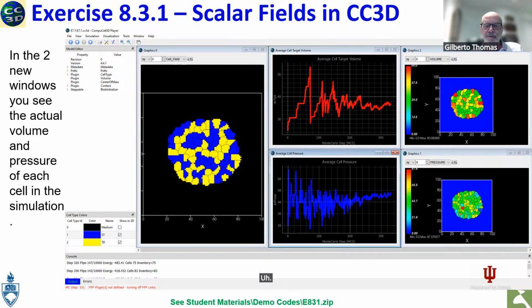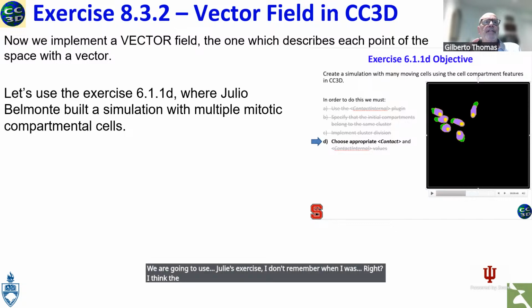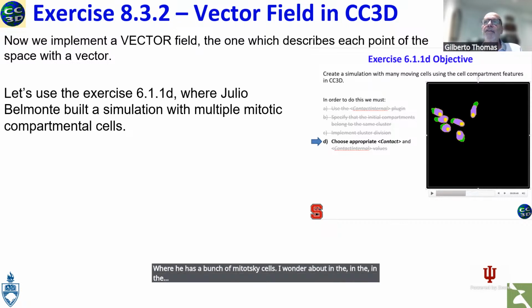And now the next is using the vector field. We are going to use Julio's exercise. I don't remember, when I was writing the lecture yesterday, if this number is the correct one. Julio Beaumont built a simulation where he has a bunch of mitotic cells wandering around in the grid.